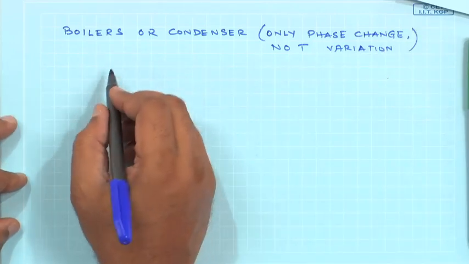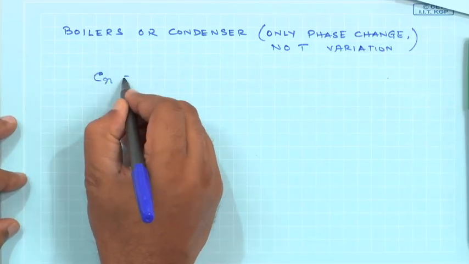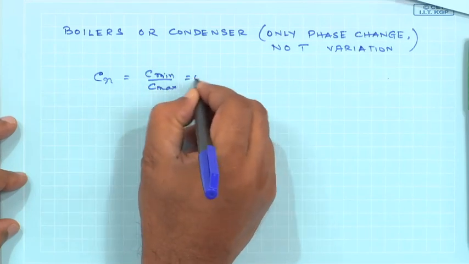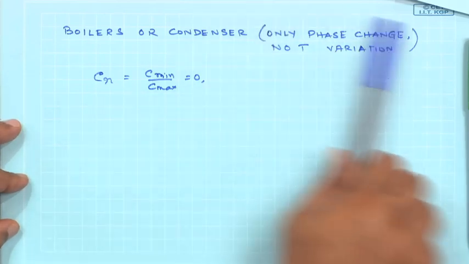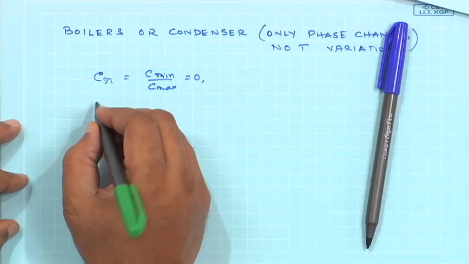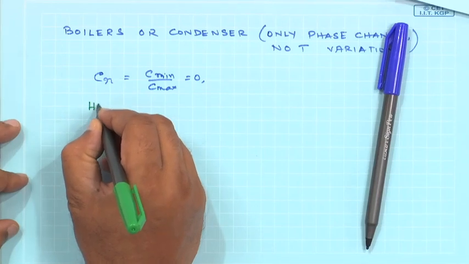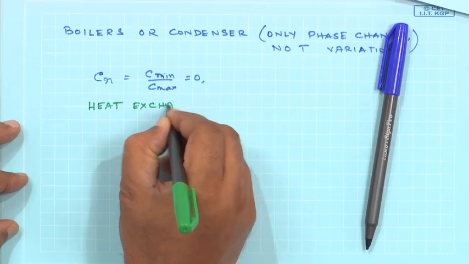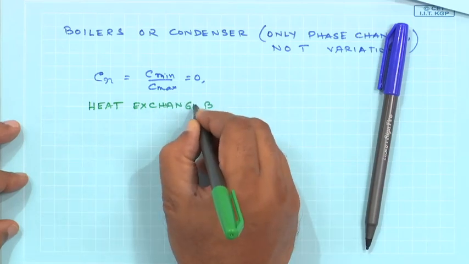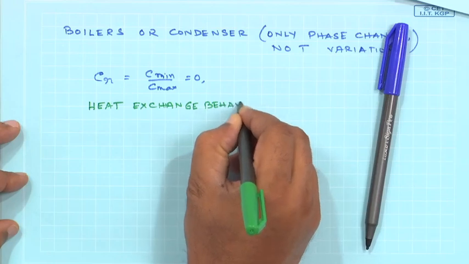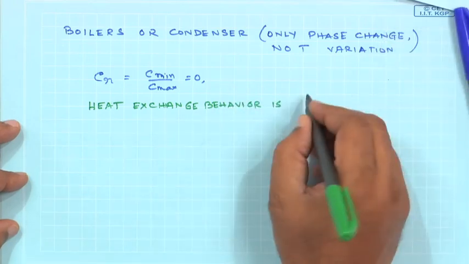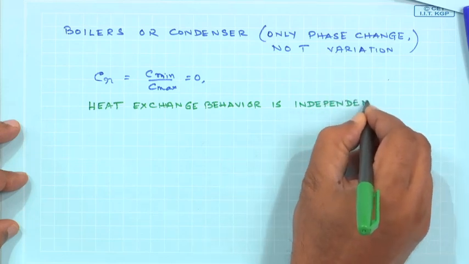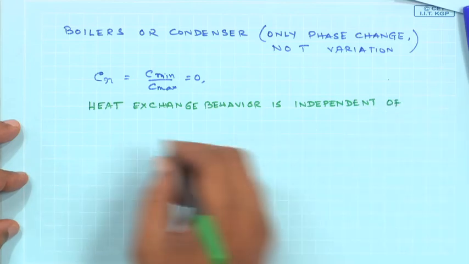So, what is going to happen is this CR, which is the ratio of C minimum by C maximum, would be equal to 0, and the important thing is the heat exchange behavior is independent of flow arrangement.